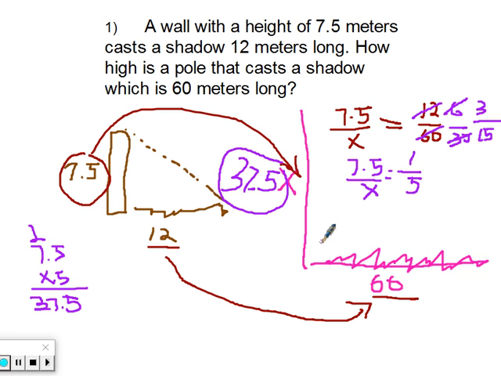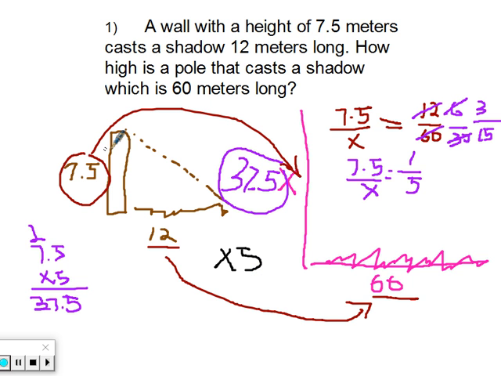Now I want to double check. Okay. So here we go. It looks like, yeah, this should be bigger than that. Just like 60 is bigger than 12, 37.5 is bigger than 7.5. And again, maybe, when I'm making the connections, I see that, hey, if I know my 12s, 12 times 5 gives me 60.